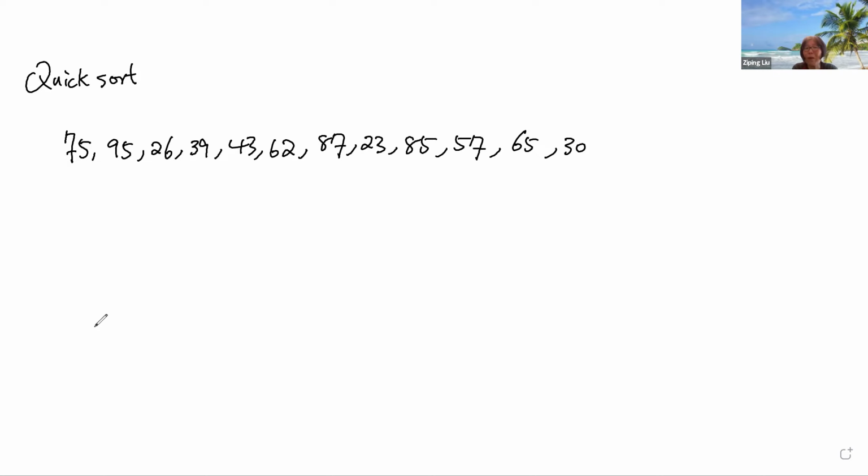In quicksort, one of the very important things is the pivot number. In our discussion here, we are always going to pick the first number as the pivot. Then you want to divide your list into a left sublist and a right sublist.